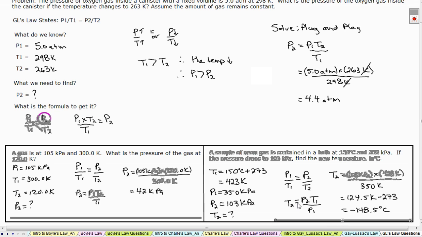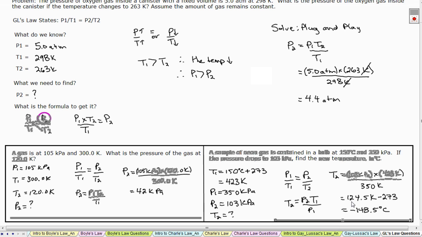Determine my relationship. I'm looking for final temperature here, and I plugged in my values and got my temperature, and we can see that I went from 150 degrees Celsius down to minus 148.5 degrees Celsius.